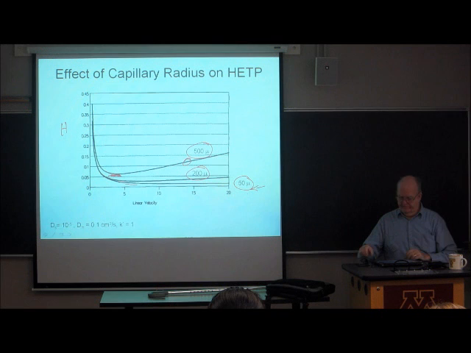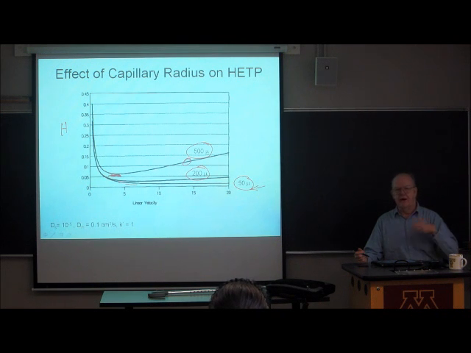Okay? All sorts of the other variables that I listed will have an impact on these curves. The K prime of the solute will matter, how viscous the stationary phase is will matter, how thick the stationary phase is will matter. All sorts of other things kick in, but the primary variables here are the diameter of the tube and the velocity of the gas through the tube.